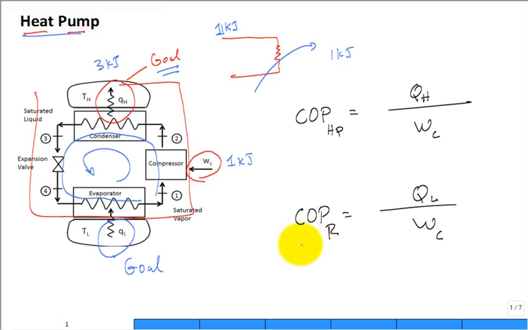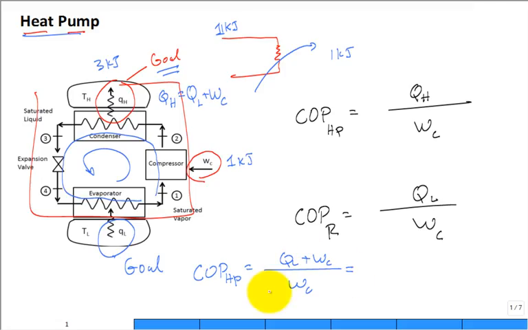So if I say that for an energy balance, the Q going out to the high temperature is equal to the Q coming in from the low temperature plus the work coming into the system that drives the compressor, is that a true energy balance for the overall system? First law. So what we can do is replace in the definition of the COP of the heat pump: QL plus WC divided by WC.